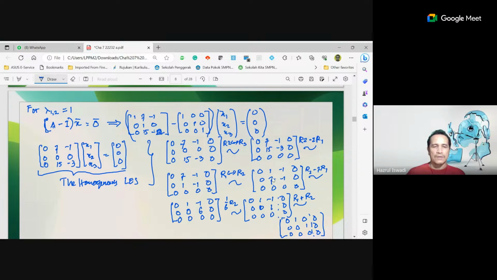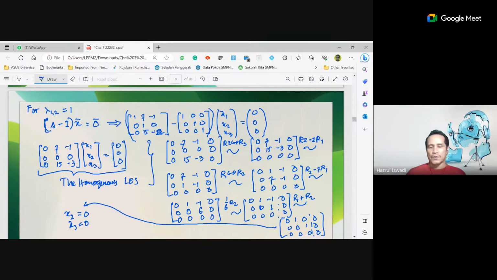So we go back to the system. From the last row we have that x2 is equal to 0, because this is x2 equal to 0. And from the second row, we have x3 is equal to 0.